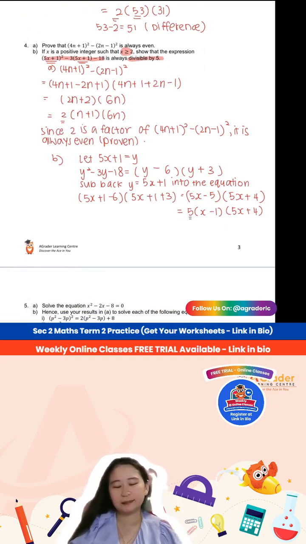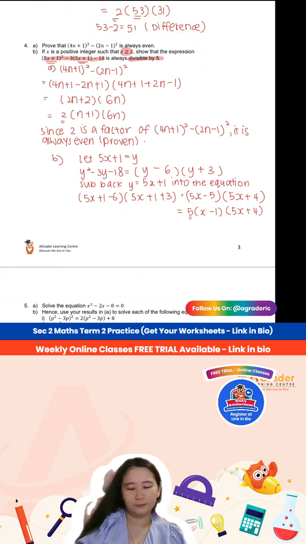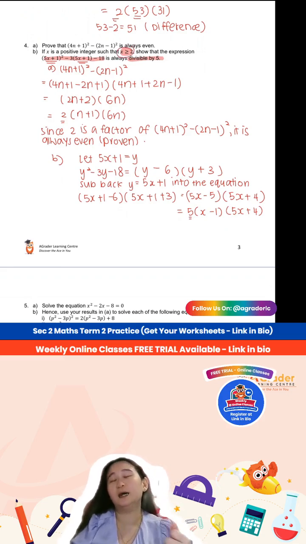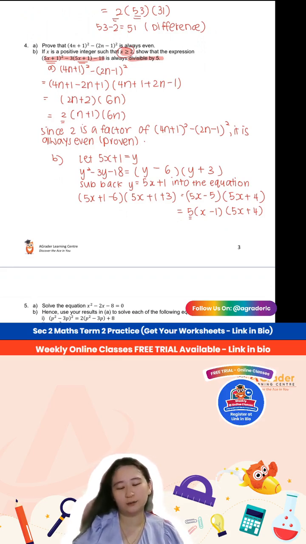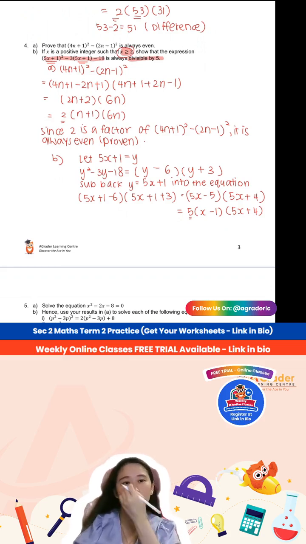Okay, so you can see here 5 is a factor, and they tell you that x is always 2 or greater than 2. So therefore all has to be positive. Okay, because x minus 1 is still positive when x is greater than or equal to 2.